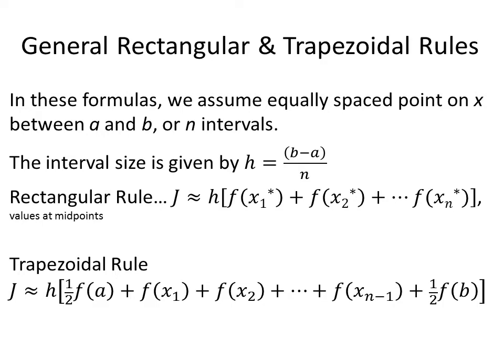So that tells us our interval size. And in the trapezoidal rule, we just apply a different weight to each observation. We give a weight of 1/2 to the first point and the last point, and a weight of 1 to all the other points. And then when we apply the formula, we get our approximation for the integral J, from the sum of h times the quantity shown.